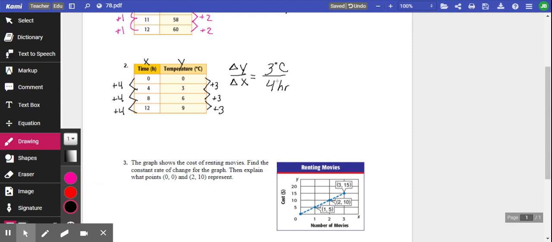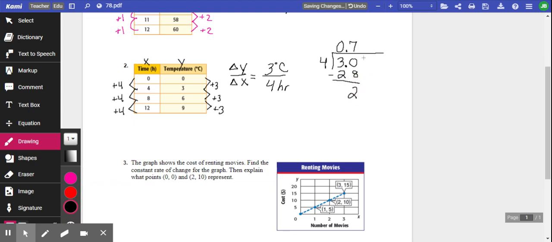Now, if we had to get that down to a unit rate, so if we had to get this down to a rate of 1, we would divide 3 divided by 4. 4 cannot go into 3, so we add our decimal and a 0. 4 can go into 30 7 times, so we place our columns vertically. 7 times 4 is 28. Subtract the values, we get 2.